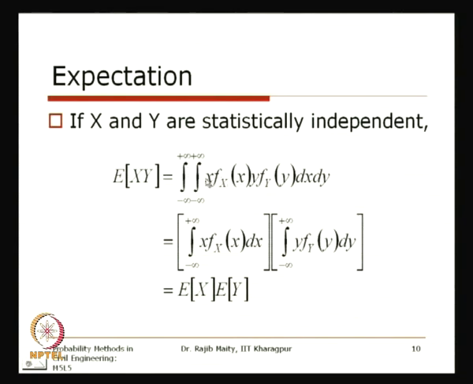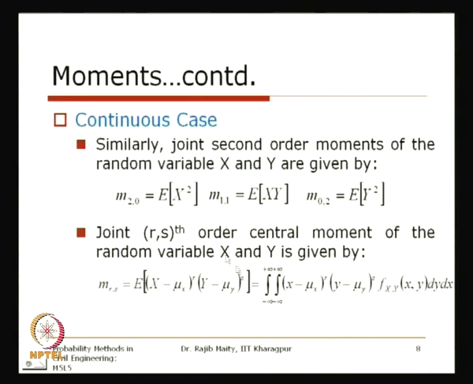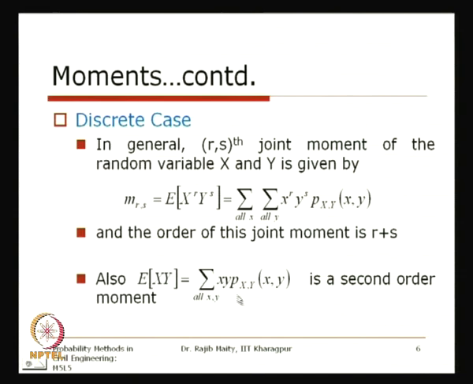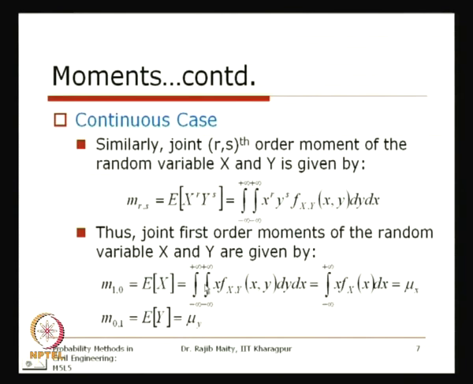This is basically xy multiplied by the joint density, as in the expression I have just shown. This is for the discrete case, and for the continuous case we simply put the integration sign. Here also, r equals 1 and s equals 1, so we have xy multiplied by their joint density.